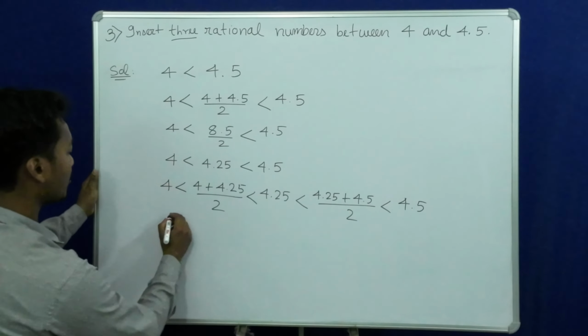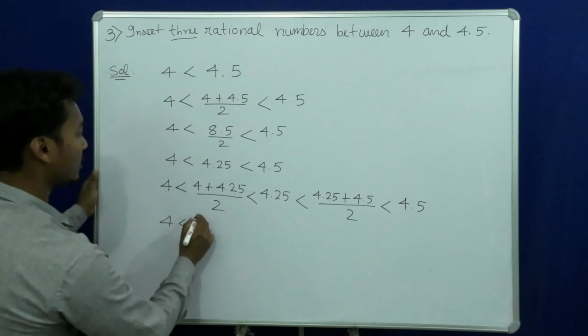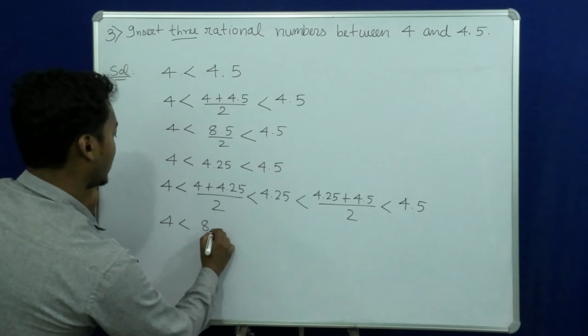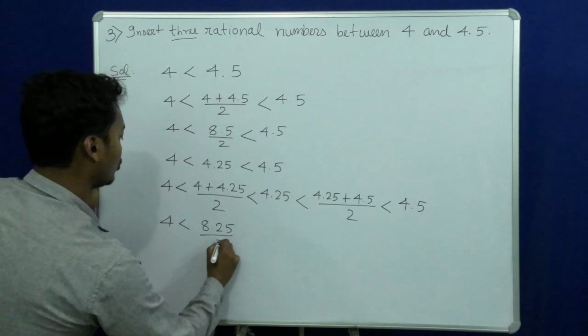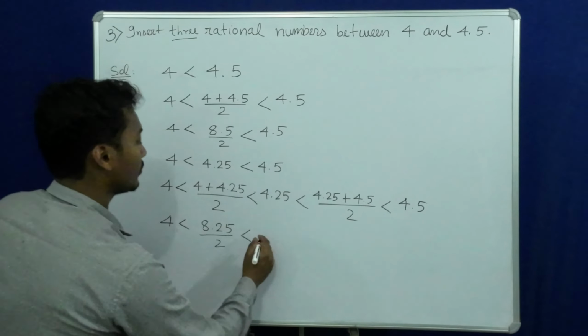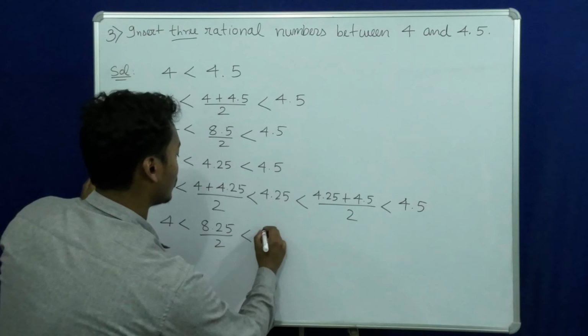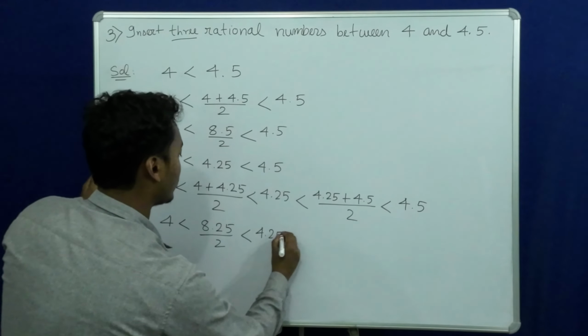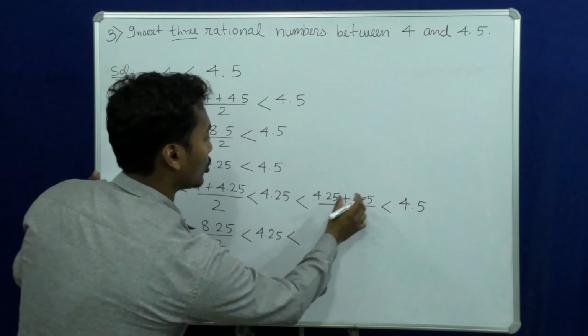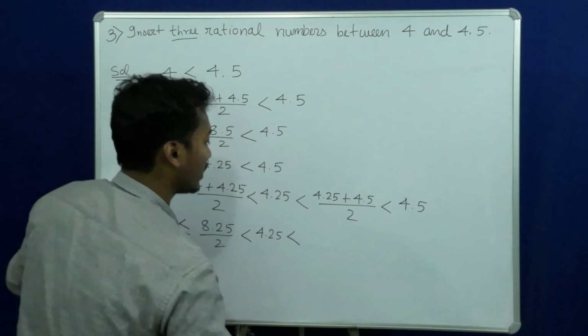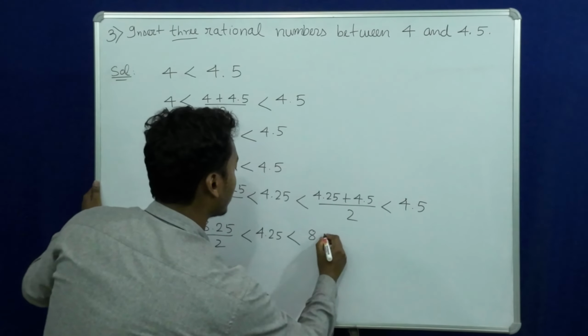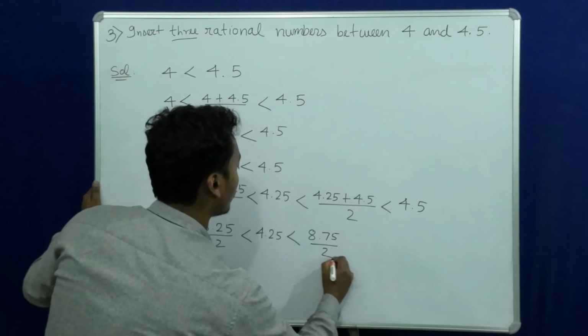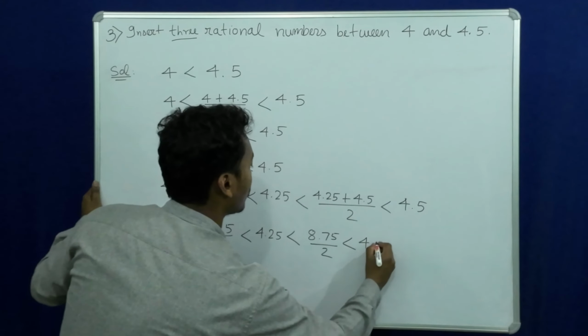So let's add them up. 4 less than 4 plus 4.25 will give you 8.25 by 2, less than 4.25 plus 4.5, which will give you 8.75 by 2, less than 4.5.